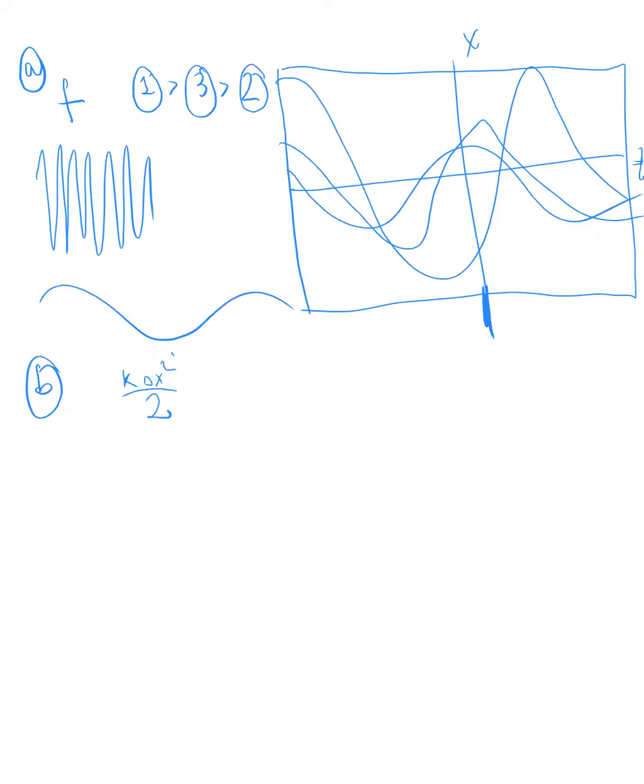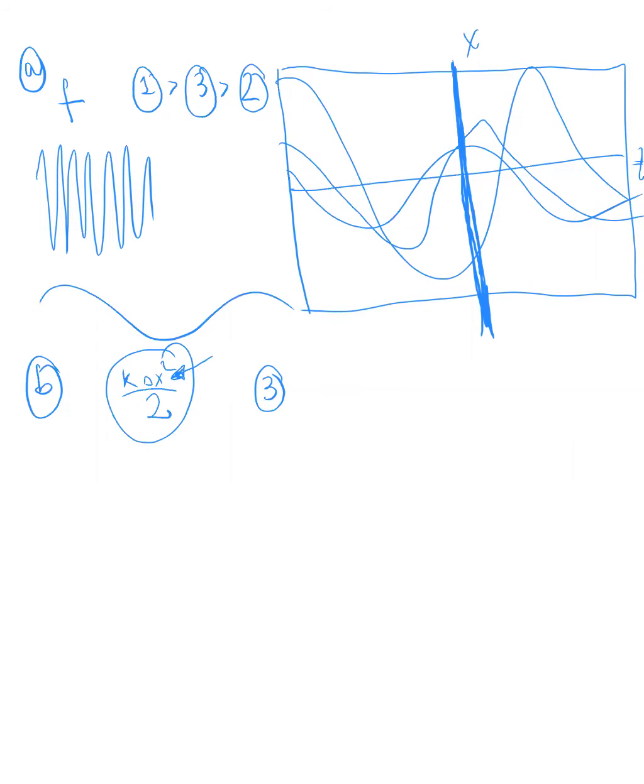So you have more energy in your spring if you are more displaced from equilibrium. And if I look at this line that corresponds to time t equal to 0, it seems to me that the orange line is the most displaced. So I would say that potential energy of spring is the most in the orange line.